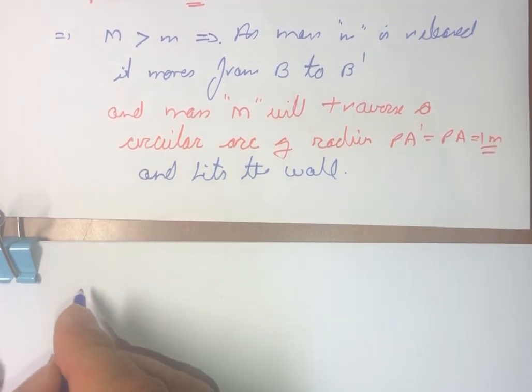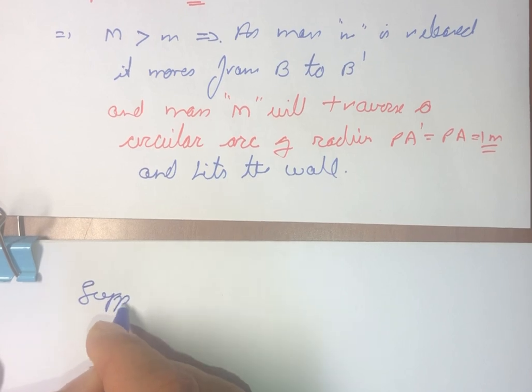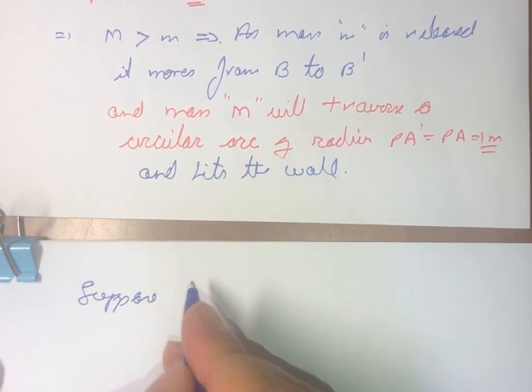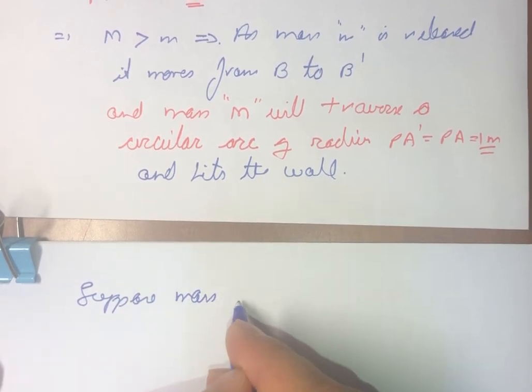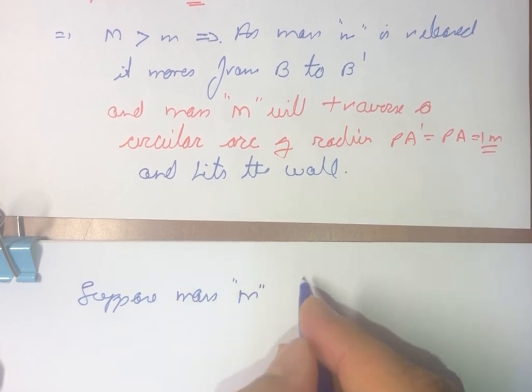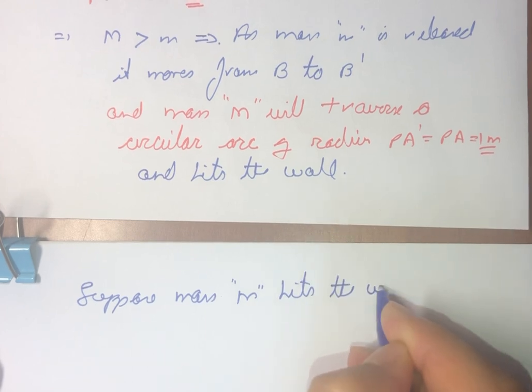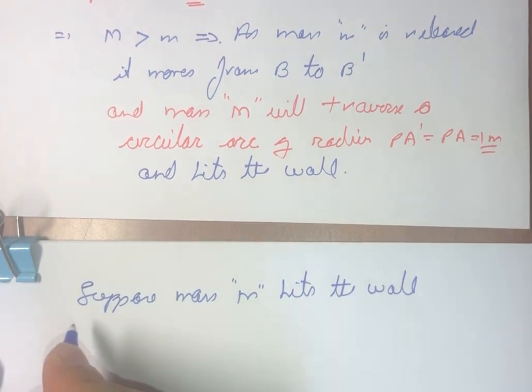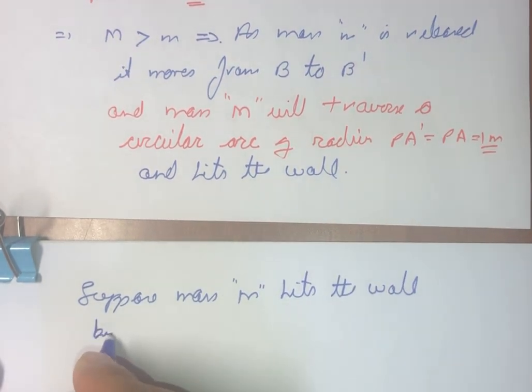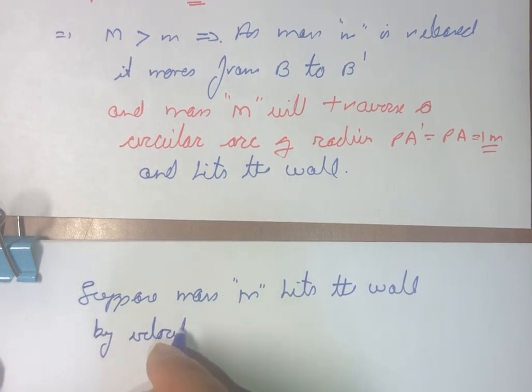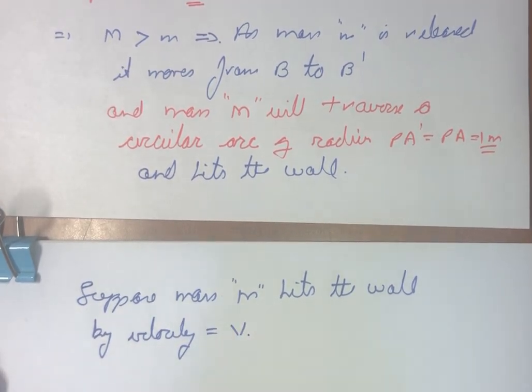So suppose mass capital M hits the wall with velocity V.